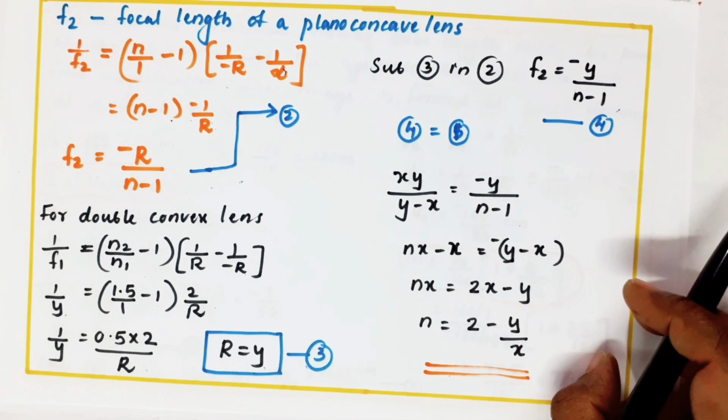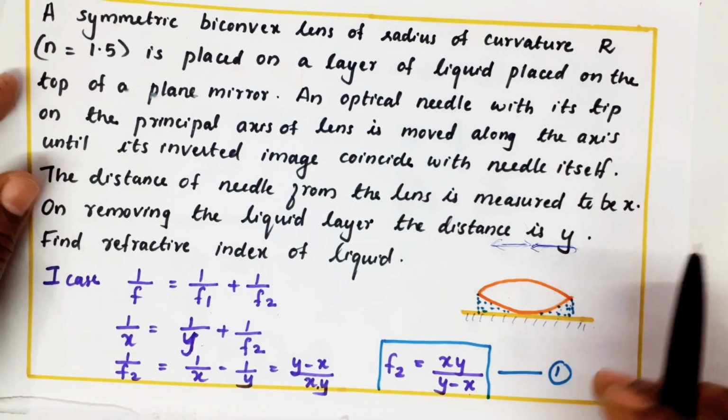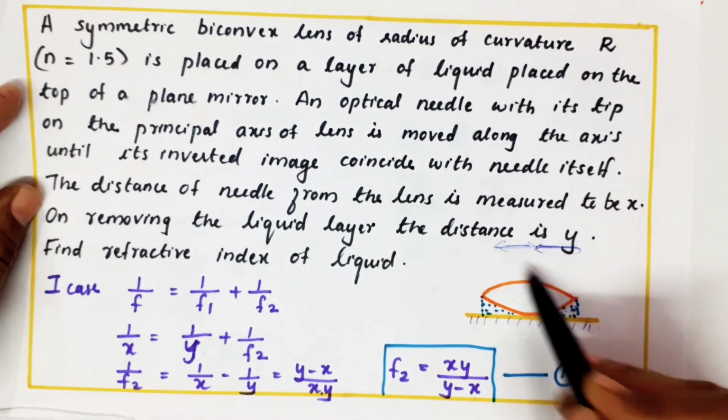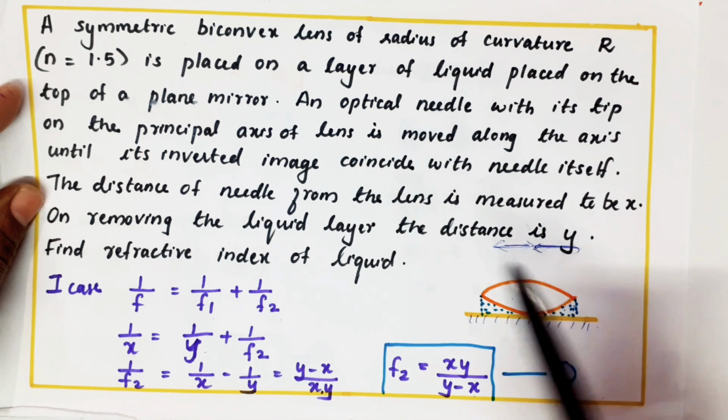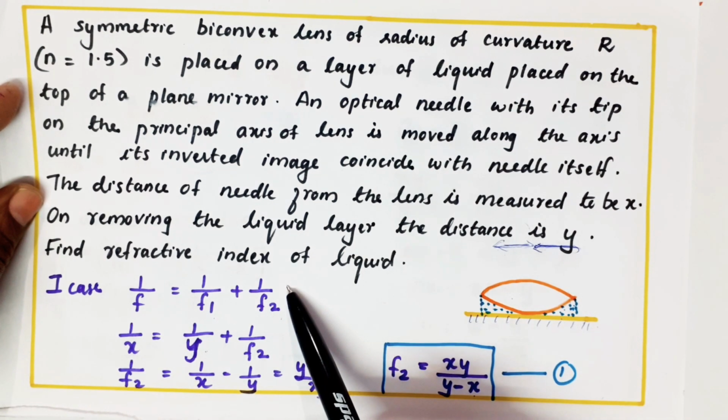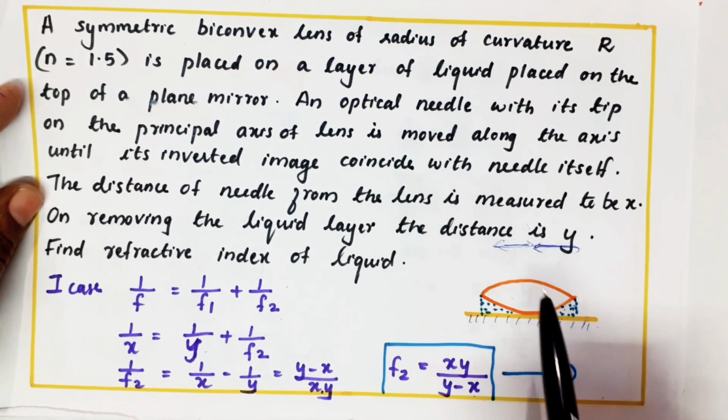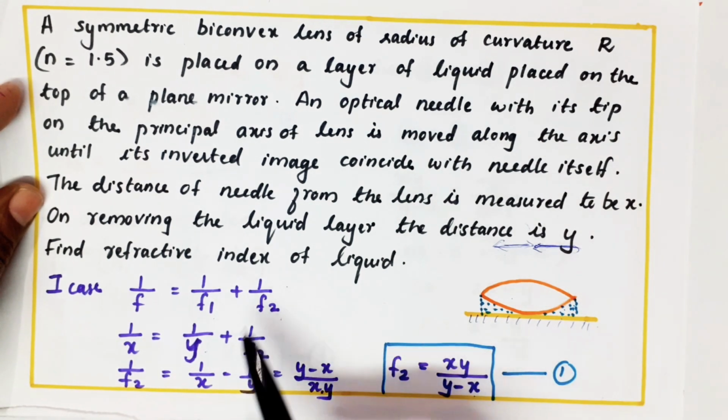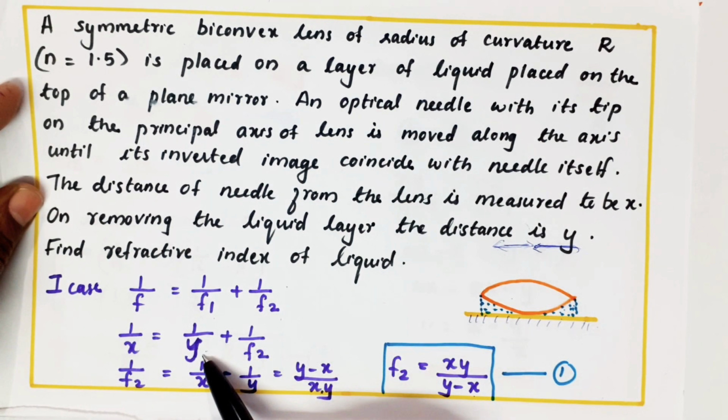Very important question. Remember, it is also called a liquid lens. One mirror, above that we place a liquid, above that a convex lens. We use the equation for lenses in combination. Then they told us to remove the liquid, which means it is simply the convex lens formula, the lens maker's formula.